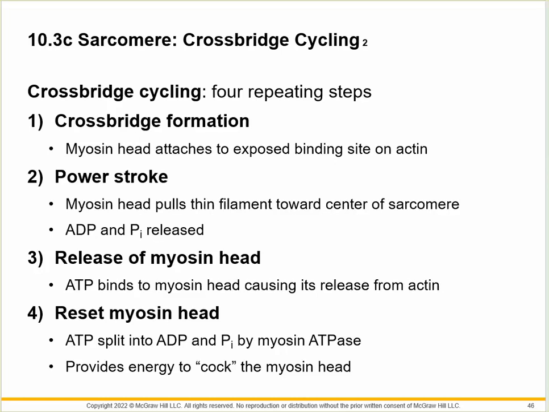Now, again, we have to remind ourselves of a few things, but the myosin head has a binding site for actin, and the actin has a binding site for myosin. When these two things join, when a myosin head attaches to the exposed binding site on actin, we call this a cross bridge.